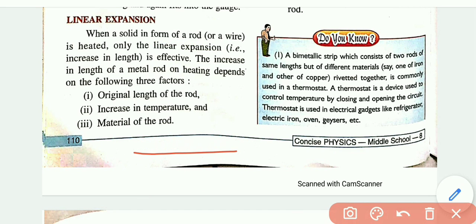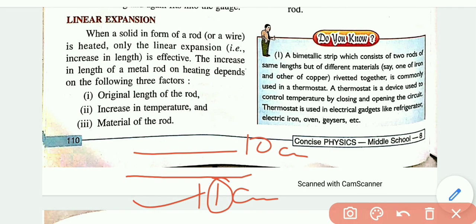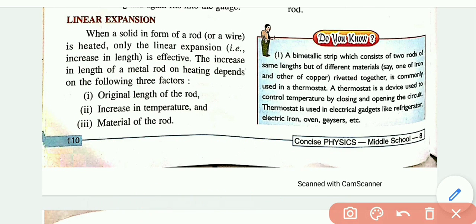After heating, the length will be a little more. For example, the length is 10 centimeter, and after heating it will be 11 centimeter. That 1 centimeter increase in the length, 10 plus 1, is the linear expansion.